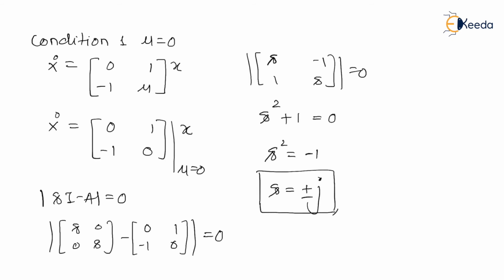Now students, please tell me, s is equal to plus minus j is which equilibrium point? Any guesses? Correct. It is a vortex or a center point. So what is the peculiarity about a vortex or a center point? The pole locations are imaginary and the trajectory is a closed circle in our z1, z2 plane. So what is the conclusion?